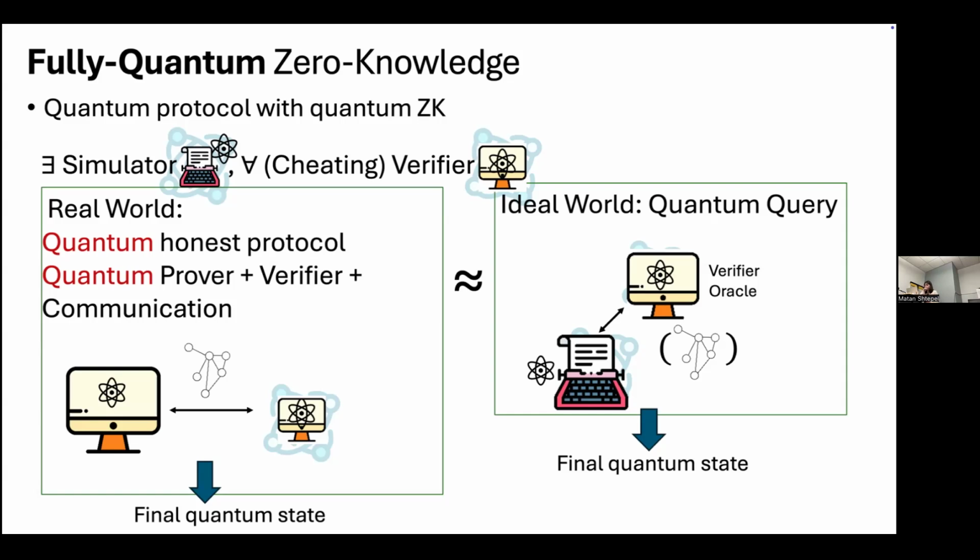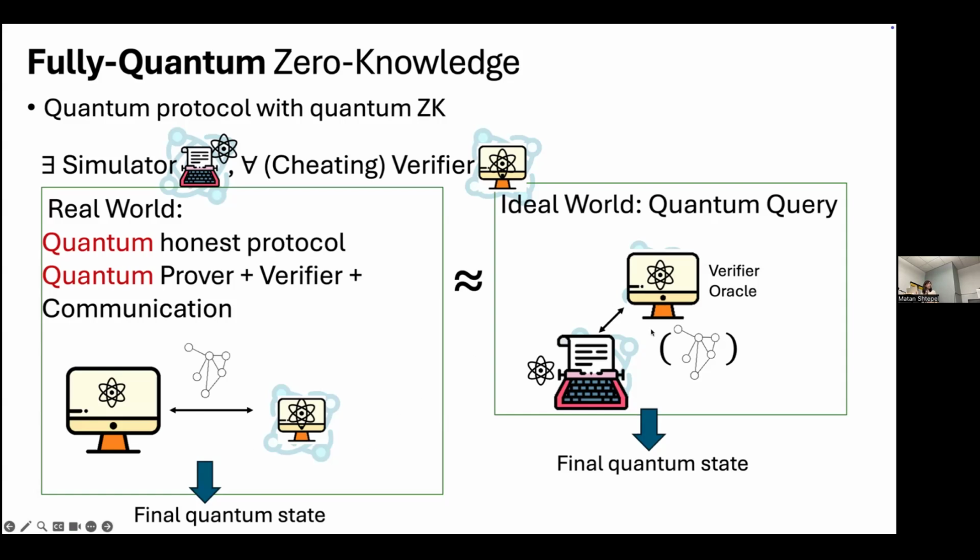Okay, so what's a fully quantum ZK? As I mentioned, now we have honest parties quantum, malicious parties quantum. So in the real world interaction, the prover and verifier would output a final quantum state.